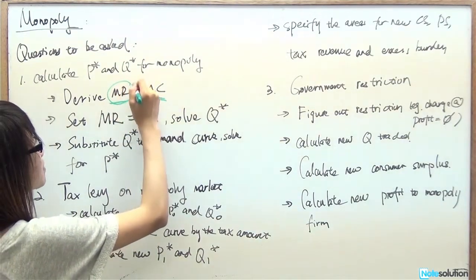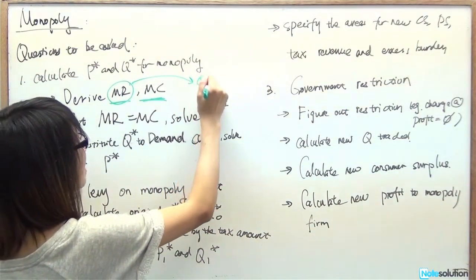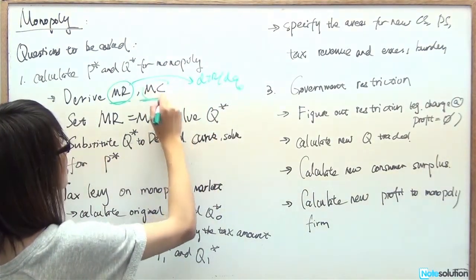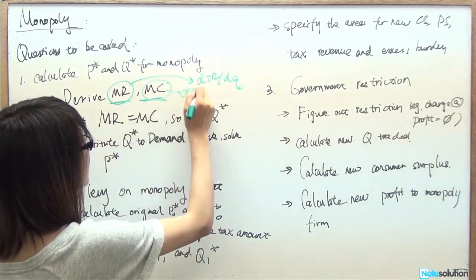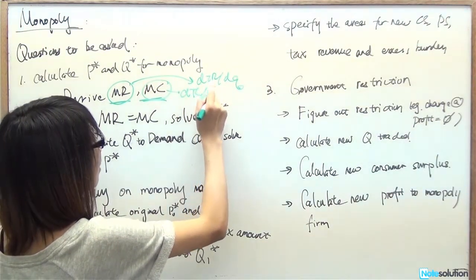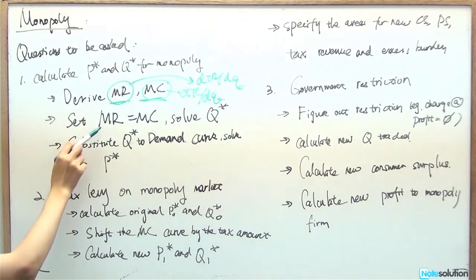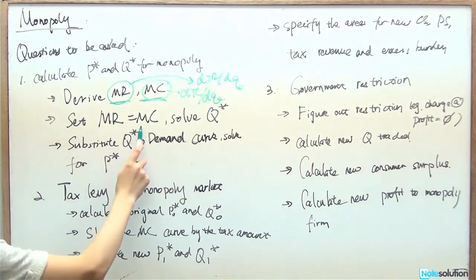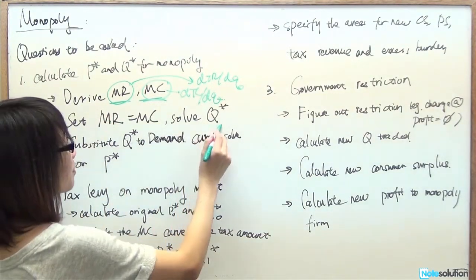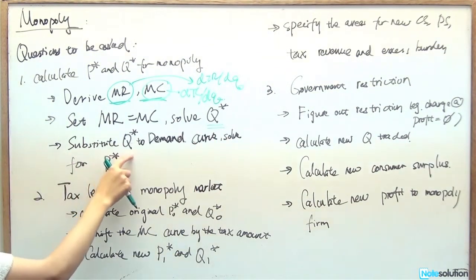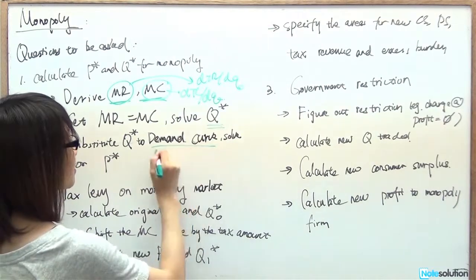The marginal revenue comes from dTR over dQ, and the marginal cost comes from dTC over dQ. The second step is we set the marginal revenue equal to marginal cost to solve for the equilibrium quantity, Q star.